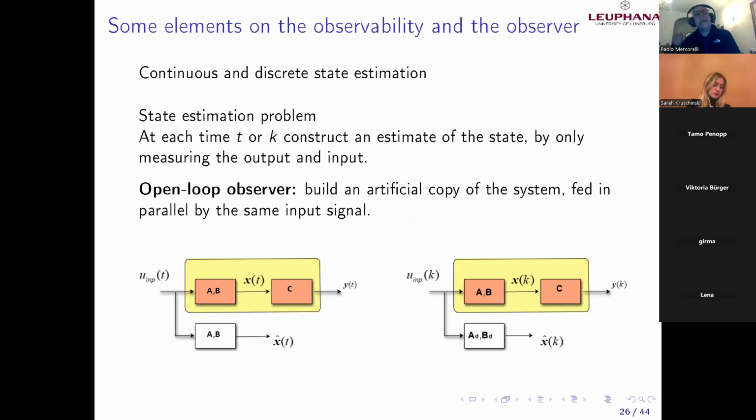But at this moment, I would like to insist on the concept of observability and the relative observer. Look, I'm introducing here the concept of open loop observer. Basically, the open loop observer is an artificial copy of the system.